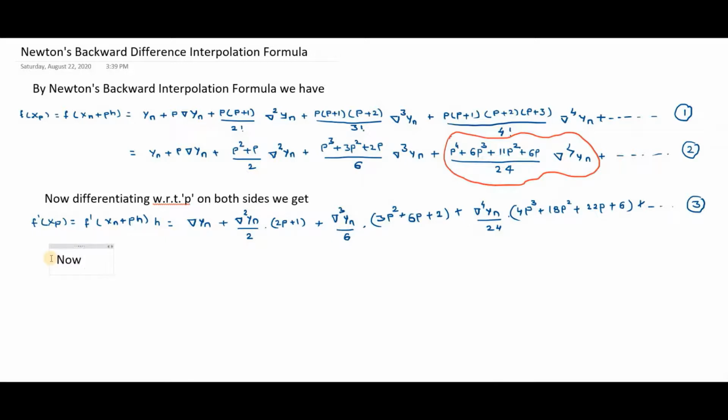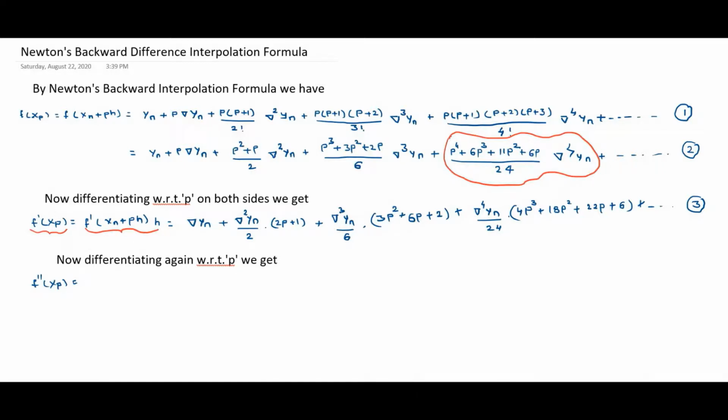Now differentiating again with respect to p, we get, so differentiation of this left hand side term f dash of xp. F dash of xp, its differentiation we can write as f double dash xp, or we can write it as differentiation of this term f dash of xn plus ph into h.